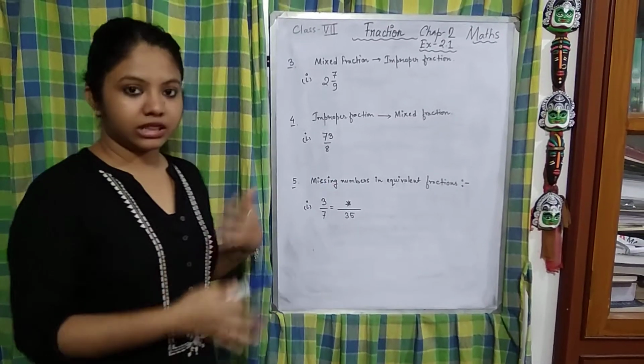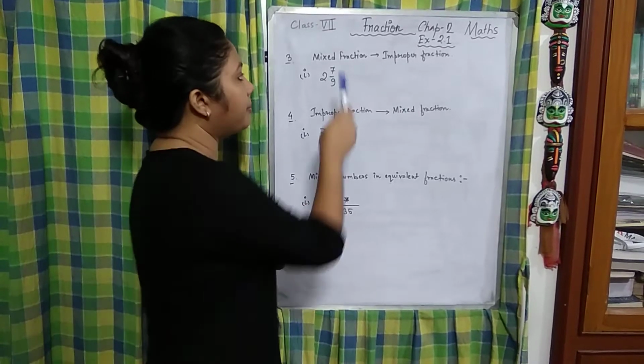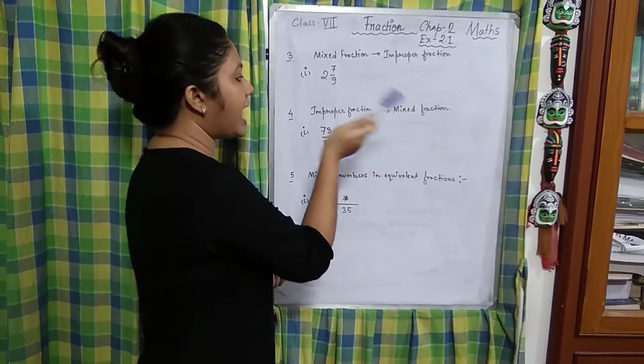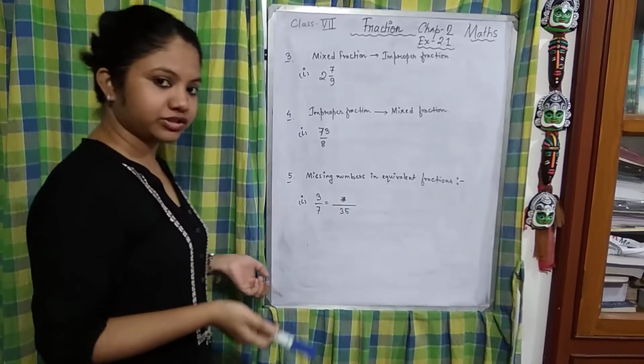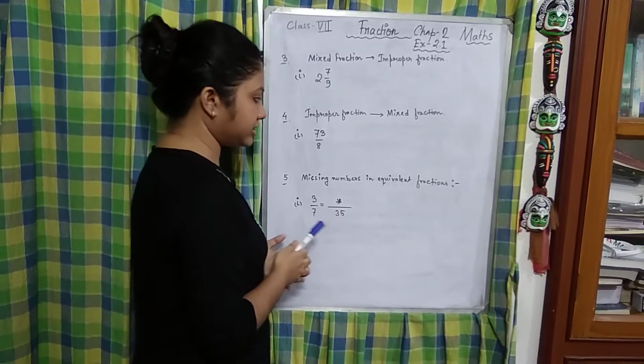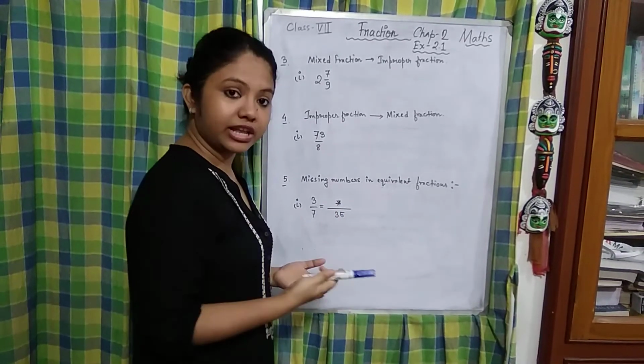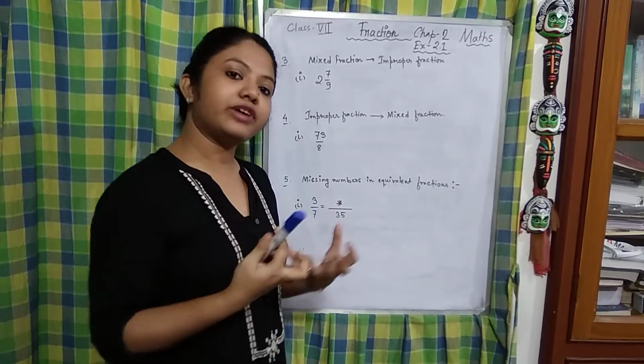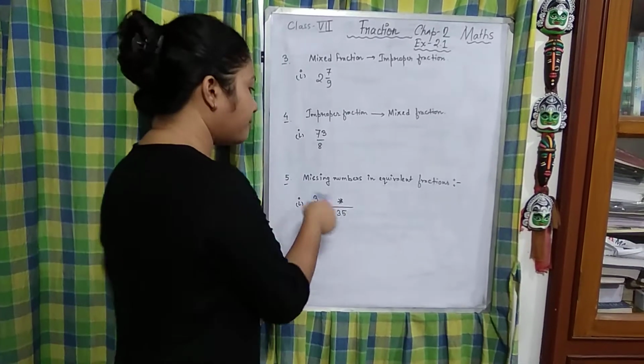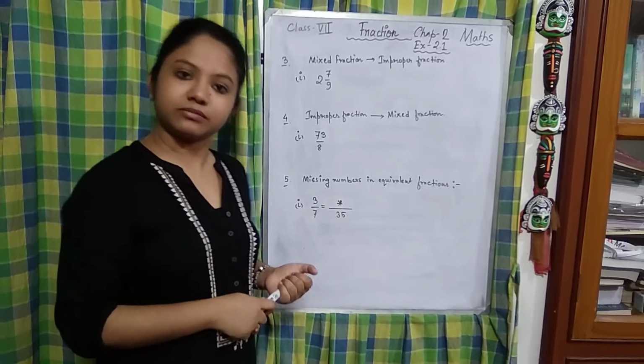Now we will learn how to convert a mixed fraction into an improper fraction and an improper fraction into a mixed fraction. And then we'll understand how to do equivalent fractions so that we can find the missing numbers in this kind of sum. Okay.